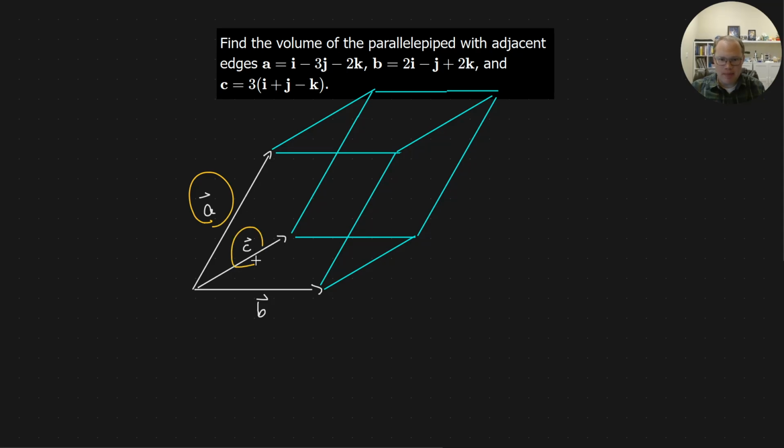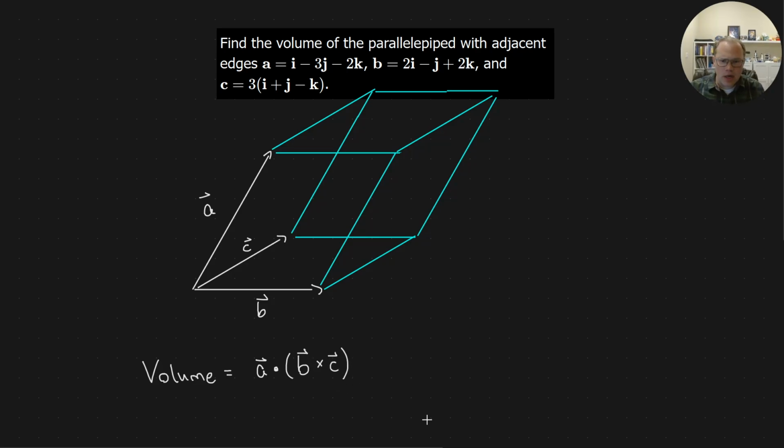Now I totally made up what A, B, and C look like, just to be clear. But we know we want the volume of a parallelepiped with these 3 adjacent sides. Now we just derived the formula for the volume. You're going to take the dot product of one of these vectors with the cross product of the other 2. Okay.